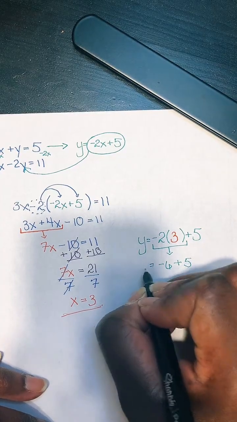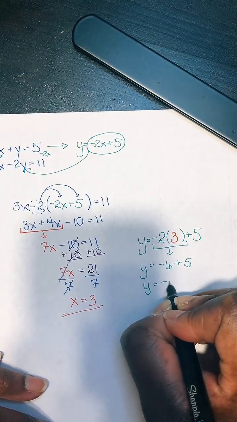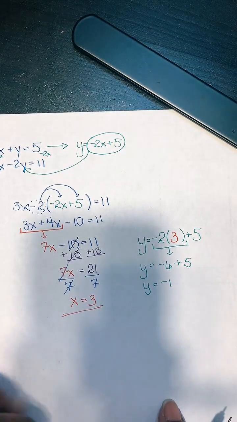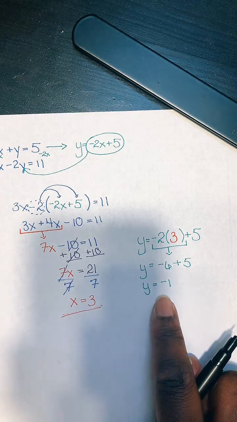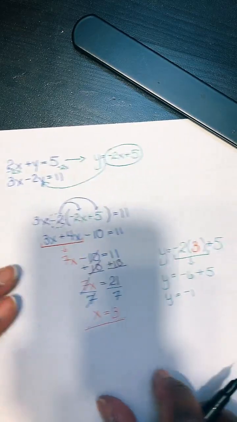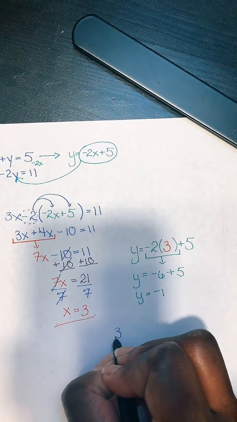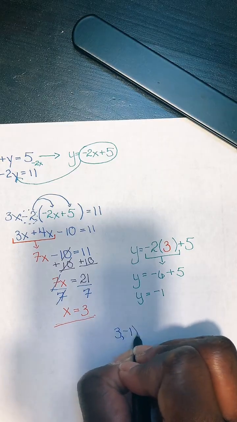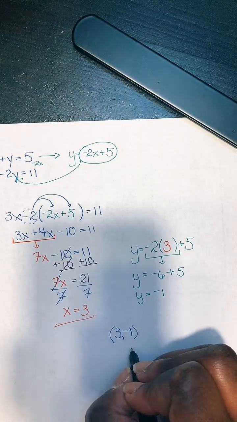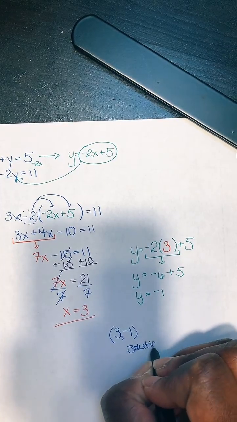And then negative 6 plus 5 is equal to our negative 1. So these two lines are going to intersect at 3, comma, negative 1. So this is going to be our solution.